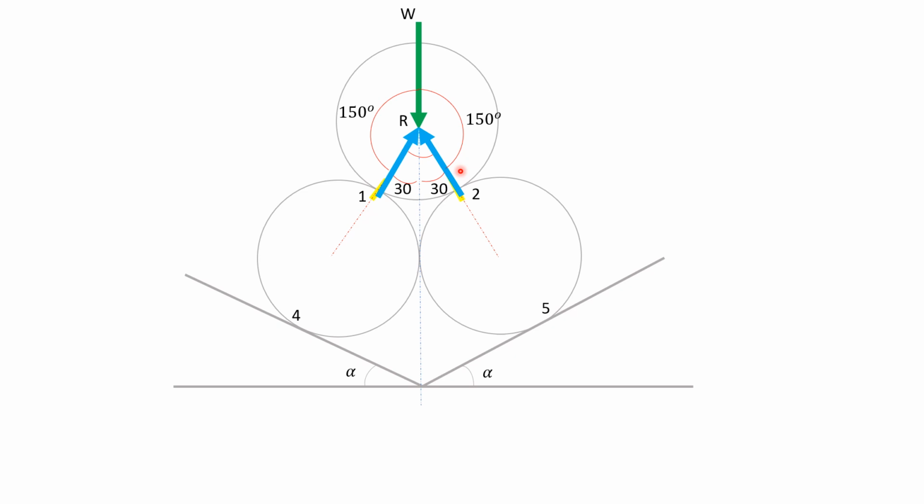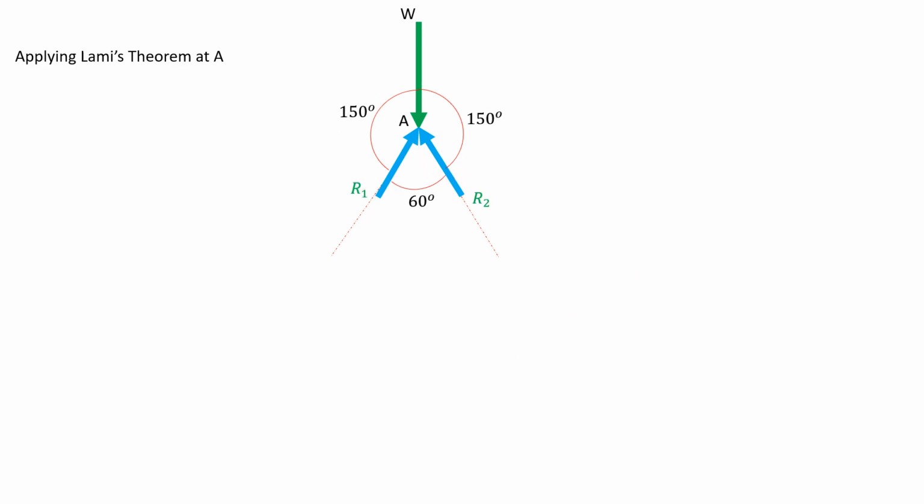This is also the same. Now, applying Lami's theorem at A, W by sine of the angle between the other two forces, sine 60, equals R1 by sine 150, equals R2 by sine 150.